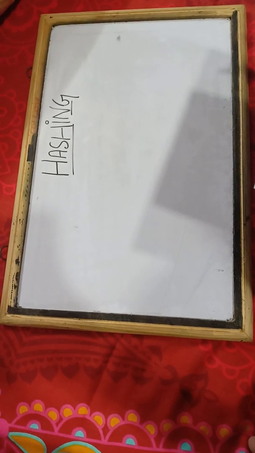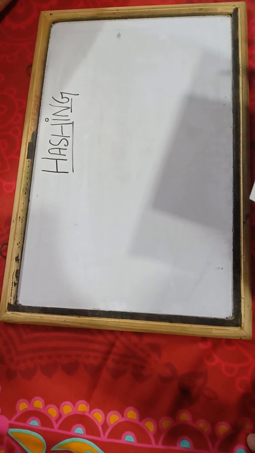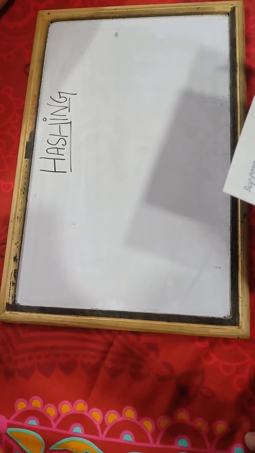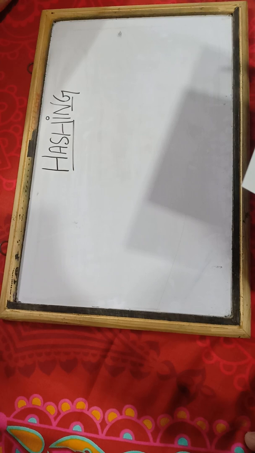The idea is to use a hash function that converts a large number or any other key into a smaller number and uses the small number as index in a table called the hash table. So first of all, we need to understand what actually is a hash function.